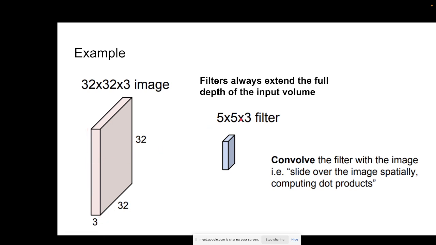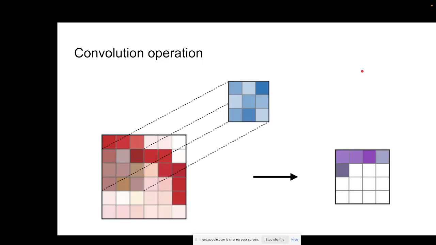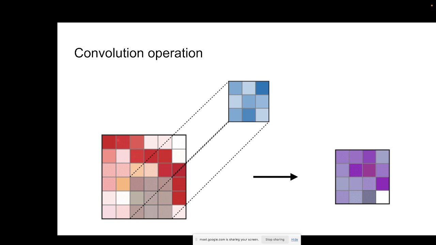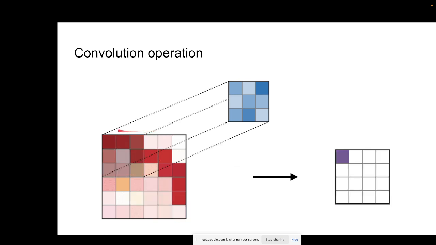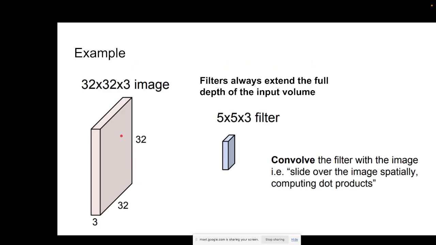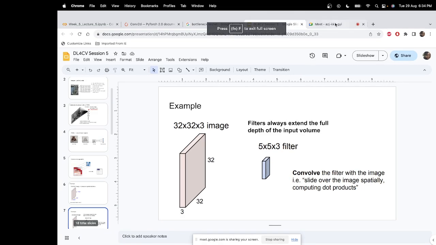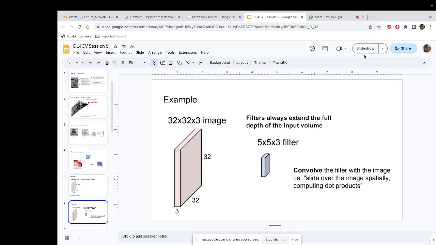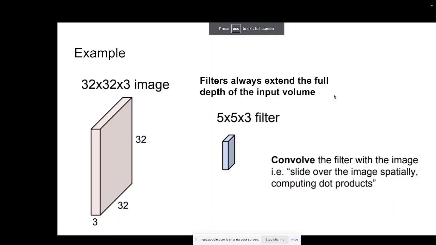Now, going back to the previous slide. I'll take the first window, then I'll slide to the next window, then the next window, and this is how I'll go on. So that is what it says: convolve the filter with the image and slide it over spatially, computing dot products.